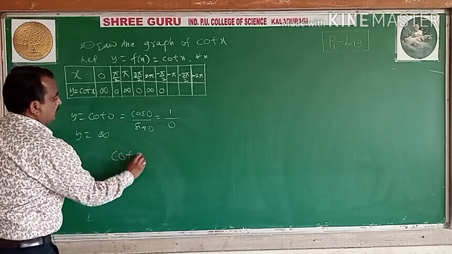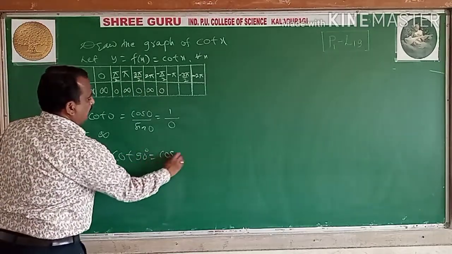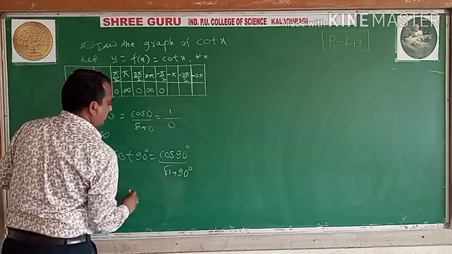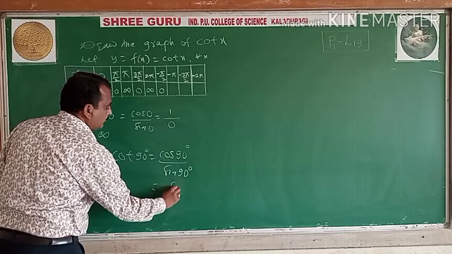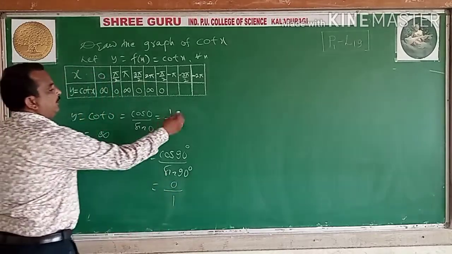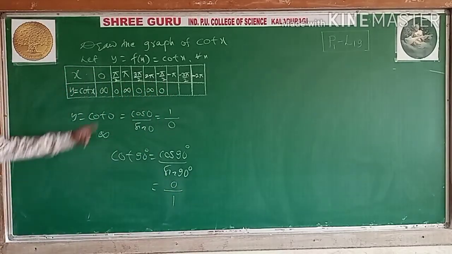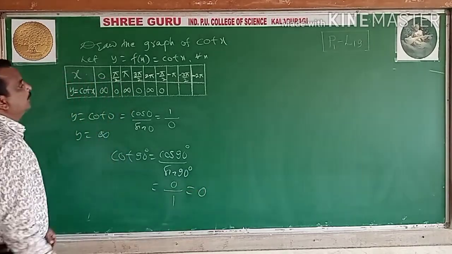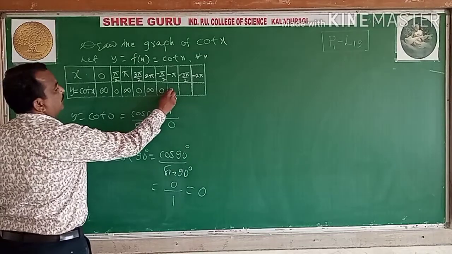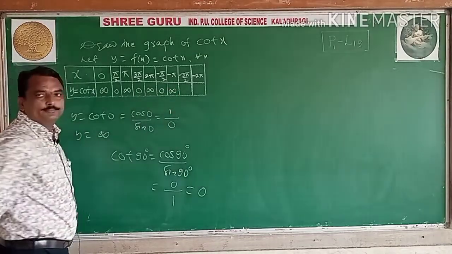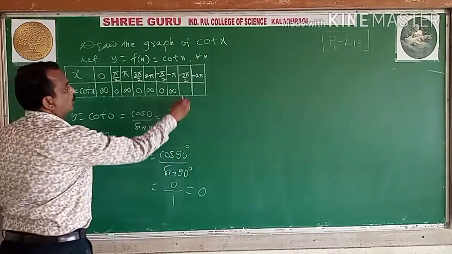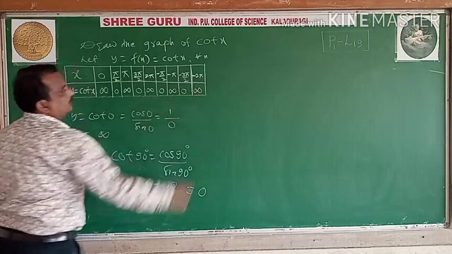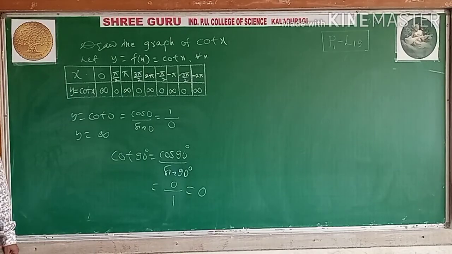Cot 90 is cos 90 by sin 90; cos 90 is 0, and 0 divided by anything is 0. Next, minus pi is not defined, infinity; minus 3 pi by 2 is 0; minus 2 pi is not defined.